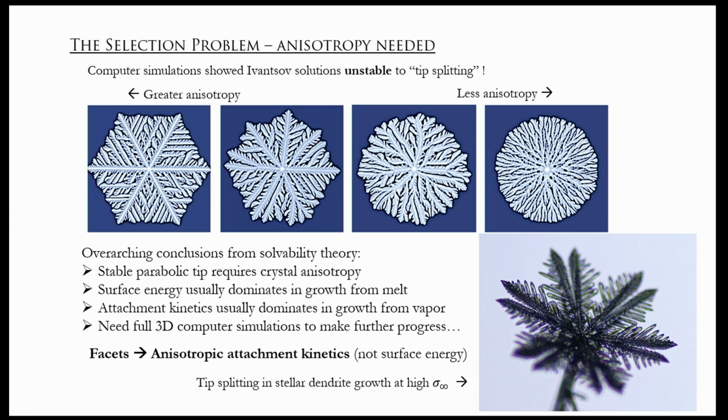But if you take that anisotropy away and go to zero anisotropy, now you get a seaweed structure, or a tumbleweed structure. And that seems to be a universal truth in this theory. And it turns out the radius of that tip, therefore, depends on the anisotropy, which is very hard to know for any real crystal.